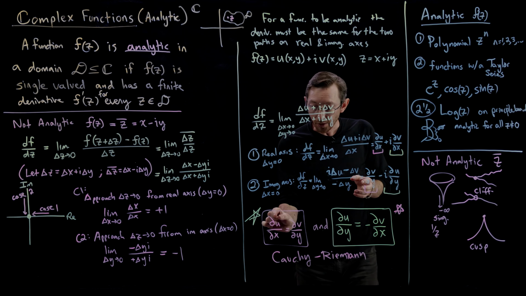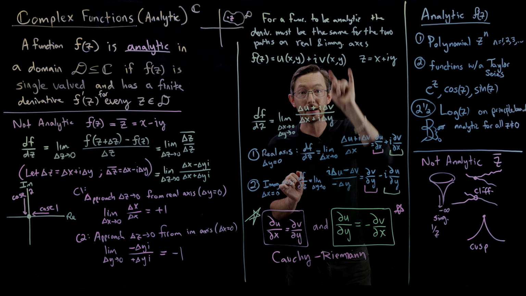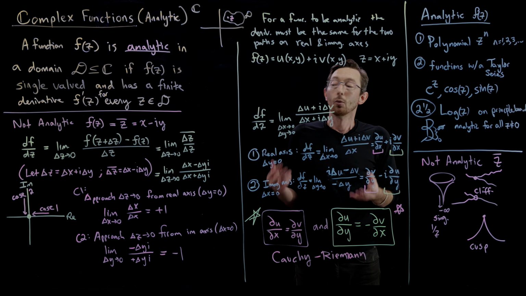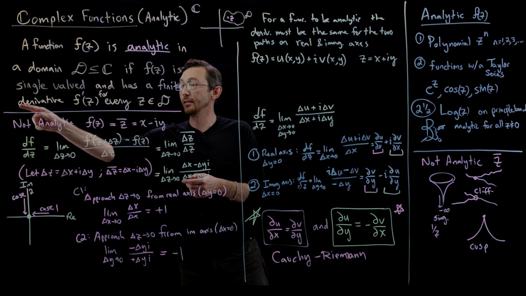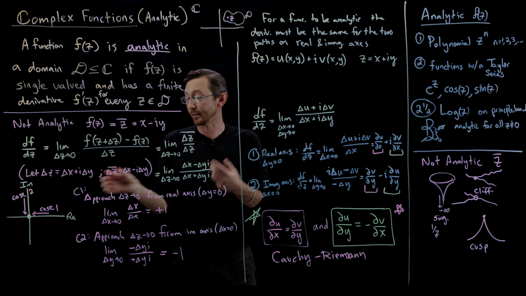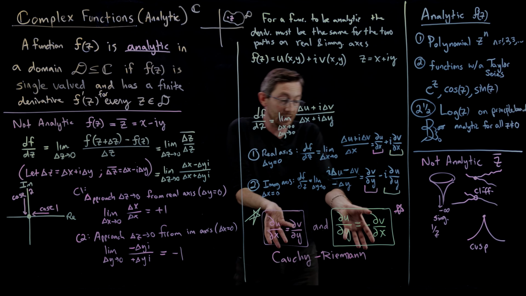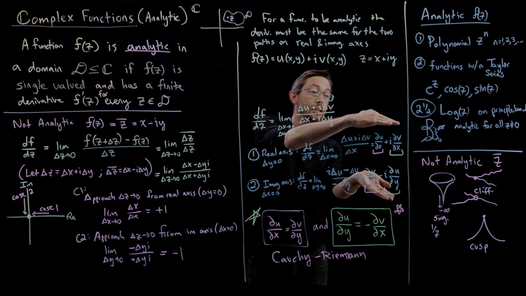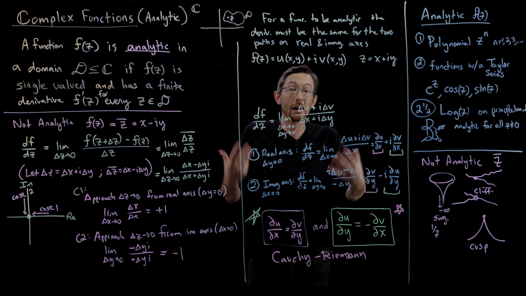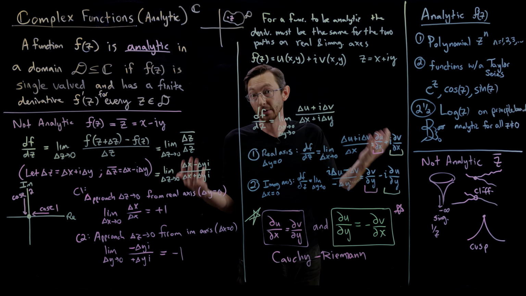If the real part u of my function and the imaginary part v of my function satisfy these two conditions, what that means is that my derivative exists and will be finite regardless of what approach I take as delta z goes to 0. If I go in the real axis or the imaginary axis, if these two conditions are true, then these two expressions will be equal, and my df dz is well defined without having to specify what direction I took that derivative in.